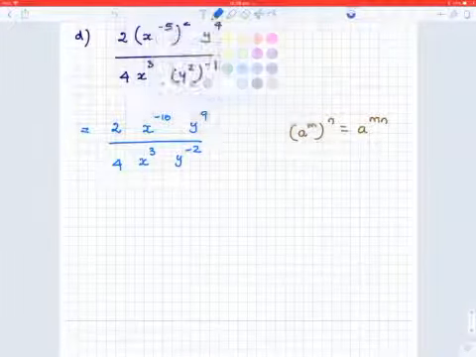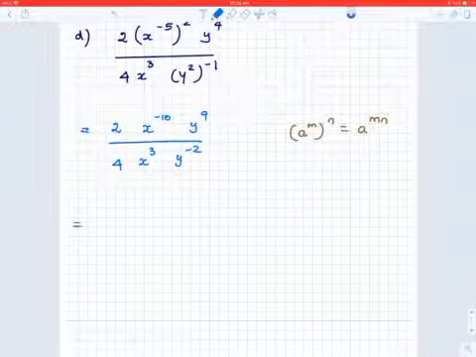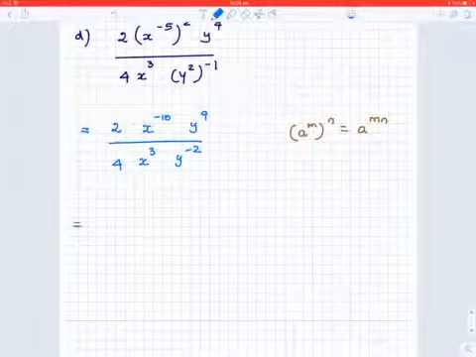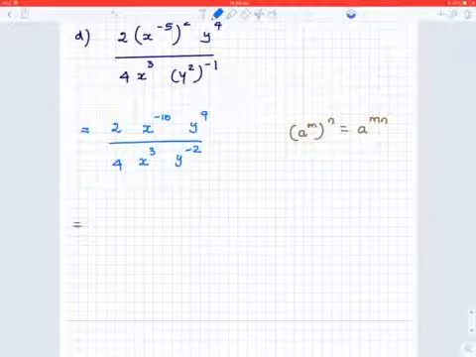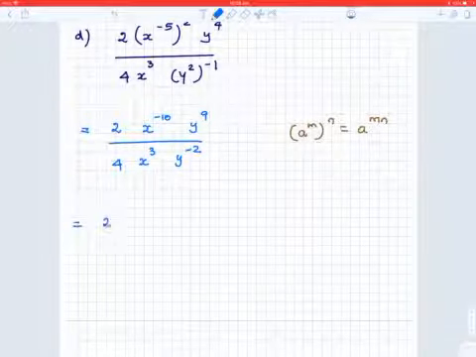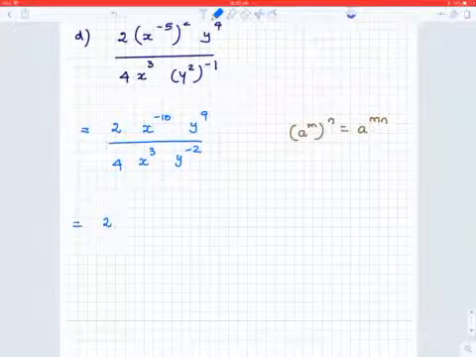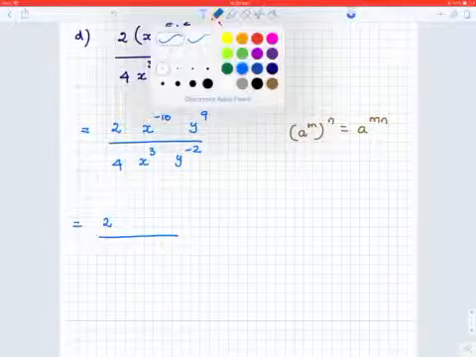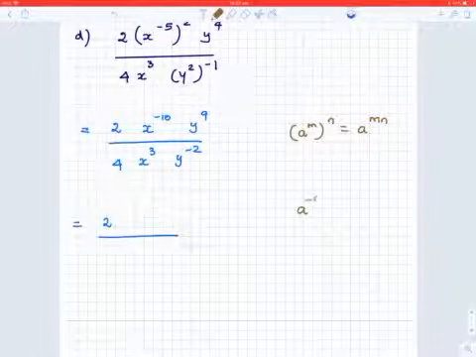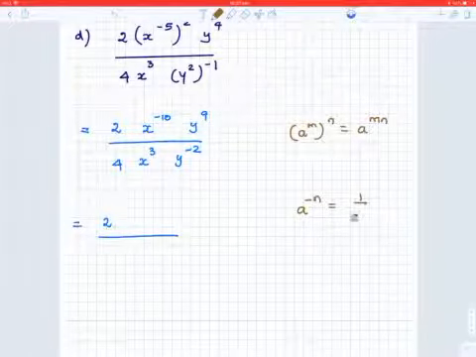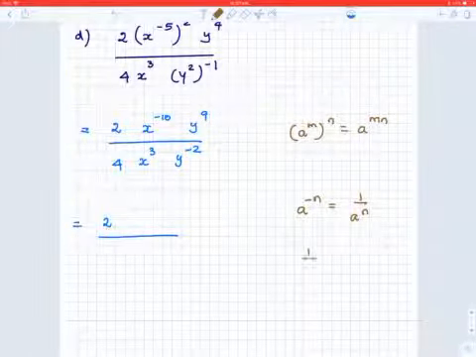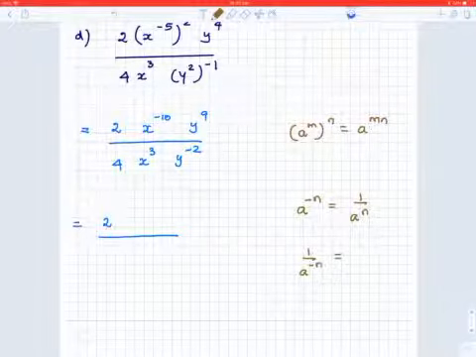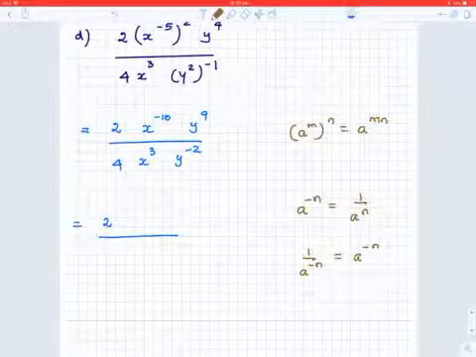The next thing I am going to do is avoid the negative powers. So I'm just going to write 2 and x power 10, and I'm going to write the negative powers in the denominator using this rule: a power minus n equals 1 over a power n, or 1 over a power negative n equals a power n.